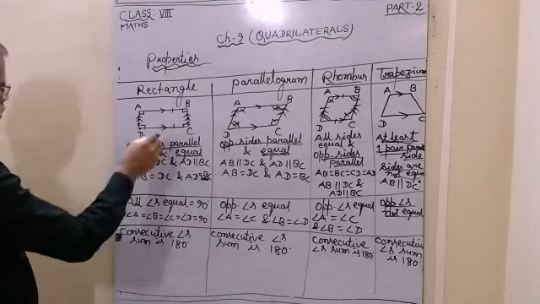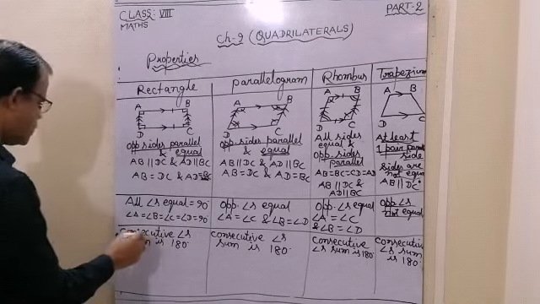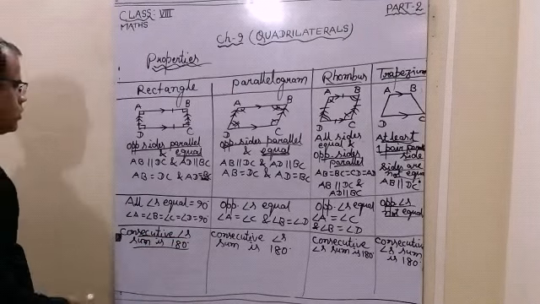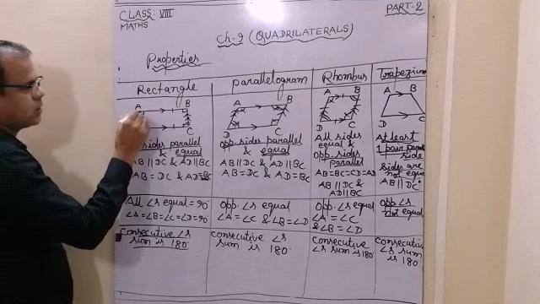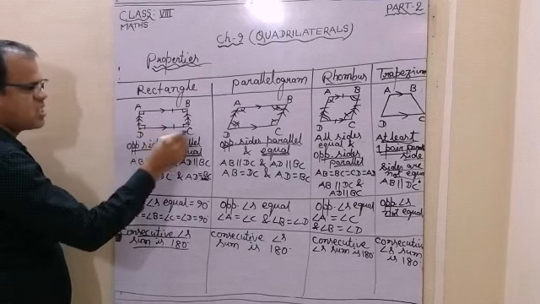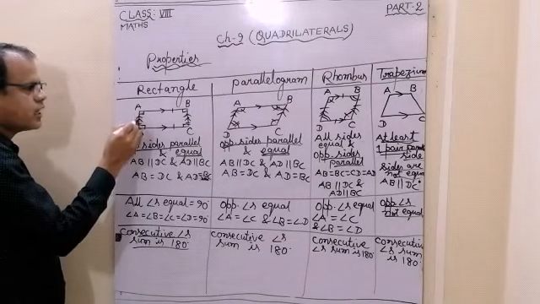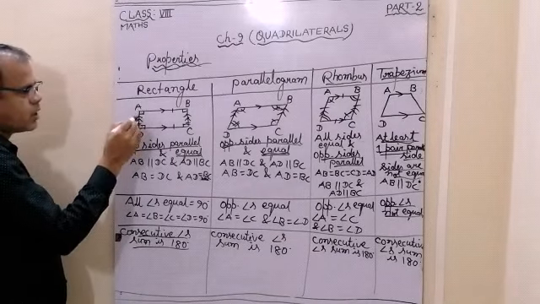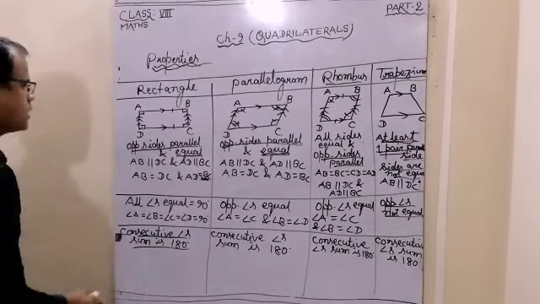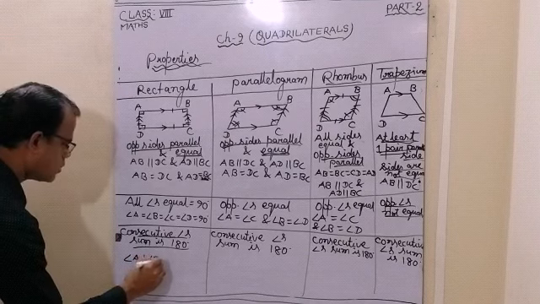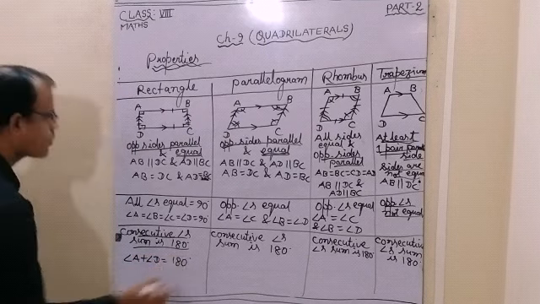Third property, look here. Here we see consecutive angle sum is 180 degrees. So look here, AB parallel DC and AD is transversal. So this angle and this angle, sum of these angles becomes 180 degrees, means angle A plus angle D equal to 180 degrees.